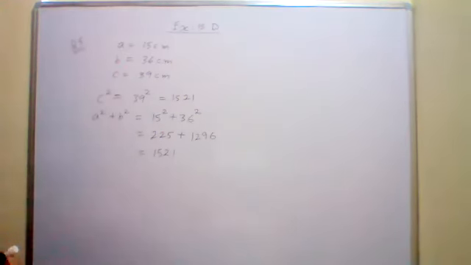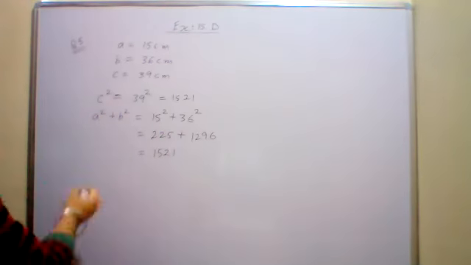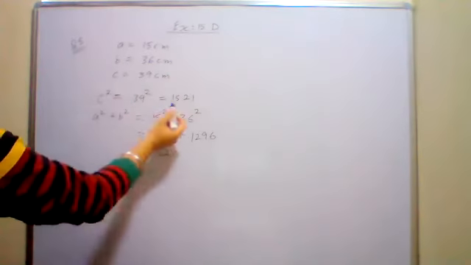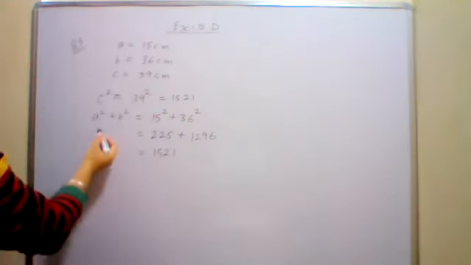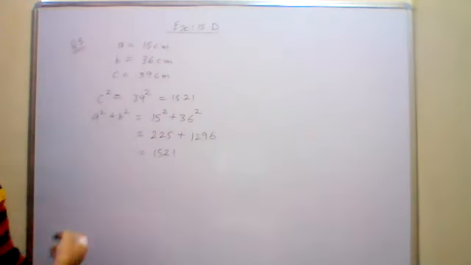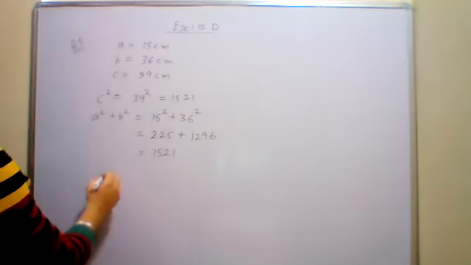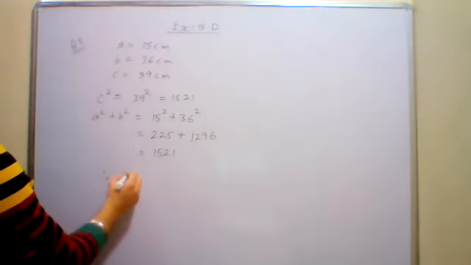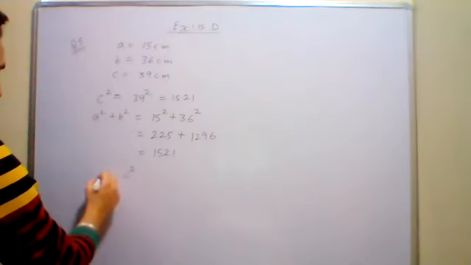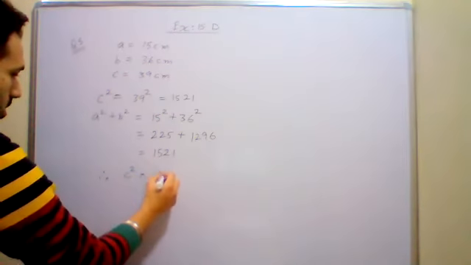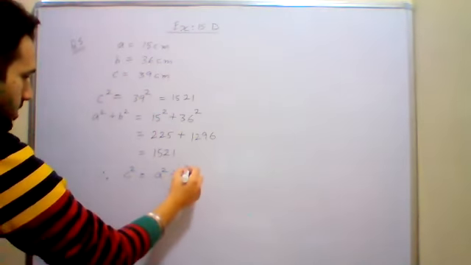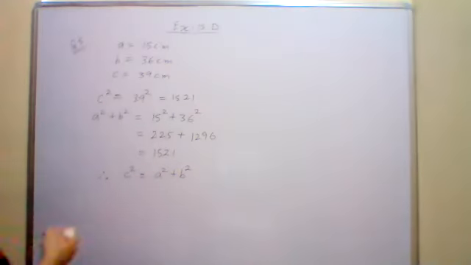So you see that c square is also 1521 and a square plus b square is also equal to 1521. Therefore we can say that c square is equal to a square plus b square. Can we say this? Yes, sir.